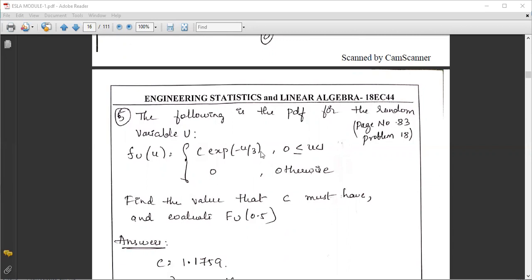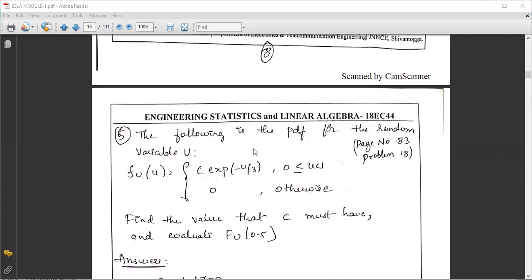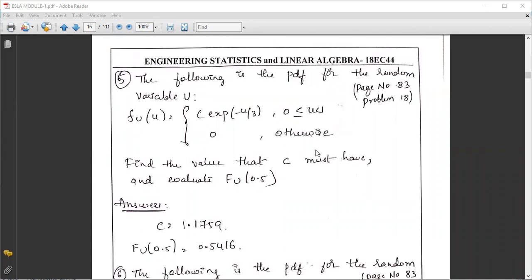In place of 2 in the previous problem, here we have 3. Therefore, the same thing, find f_U(0.5).